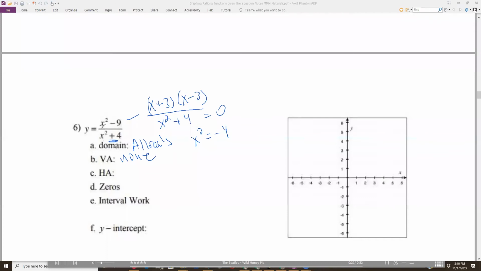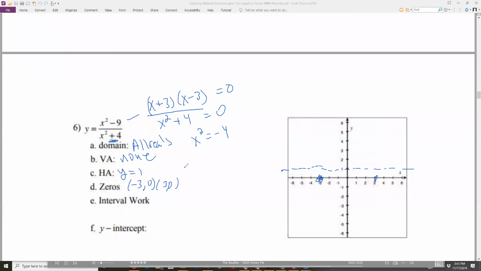I see the same power function, and the ratio of the coefficients is 1, so y equals 1. So let's take care of that horizontal asymptote. And I know it's equal to 0 when x equals -3 and when x equals +3. So -3, 0, and 3, 0.